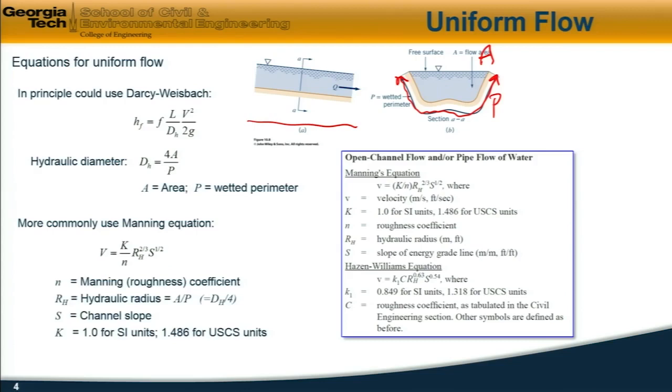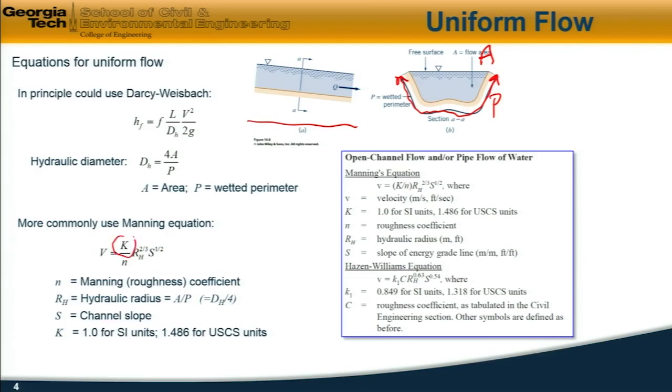R_h is the hydraulic radius, the cross-sectional area divided by the wetted perimeter, in other words, 1/4 of the hydraulic diameter. S is the channel slope, and k is a factor which is different depending on what units we're working in. The Manning equation is unfortunate in fluid mechanics in that it's not dimensionally homogeneous, and it's a different equation depending on what system of units you're working in.